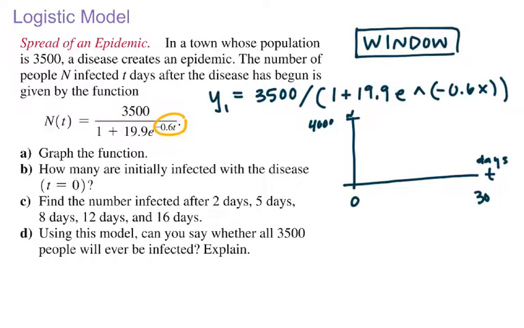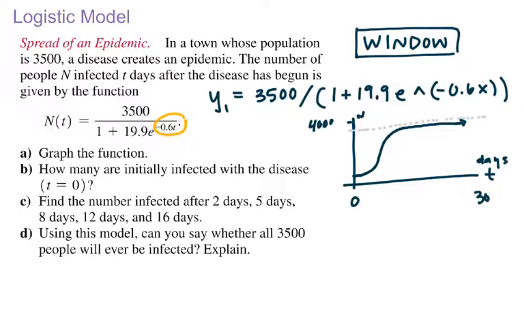Graphing this, you're going to get something that looks like this. This is what we call our logistic model, and it looks like it has a horizontal asymptote. Now, it's all relative how you set your window up. I just encourage you to think about what is being considered and what your variables are. We're talking about days, maybe 365 days, maybe 30 days, roughly a month.